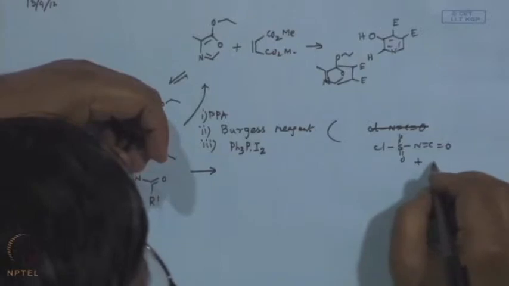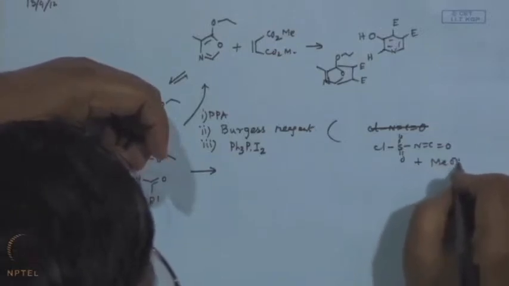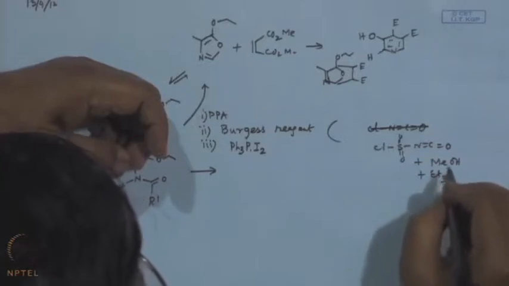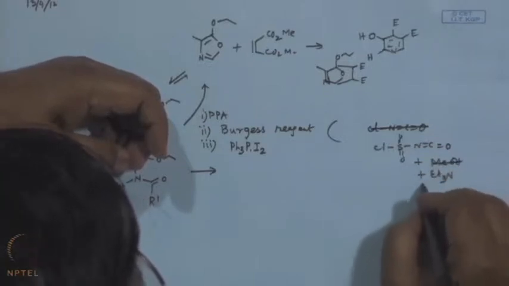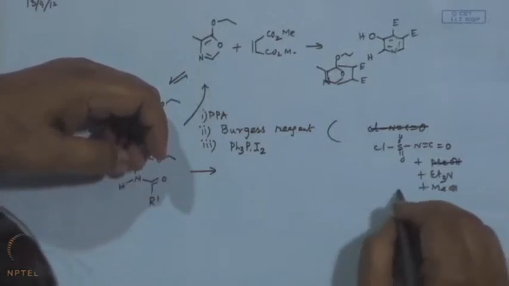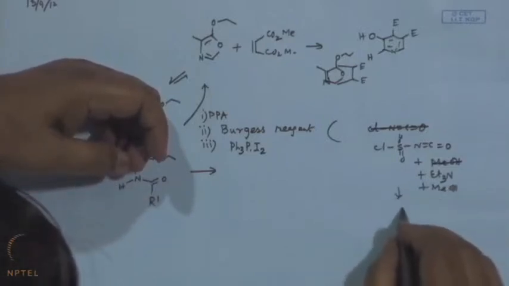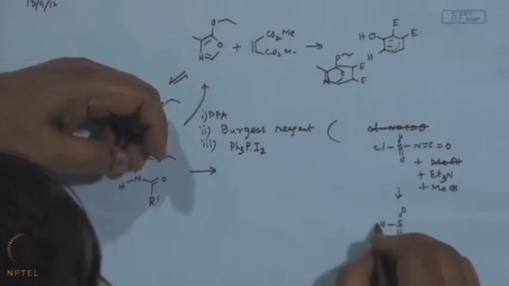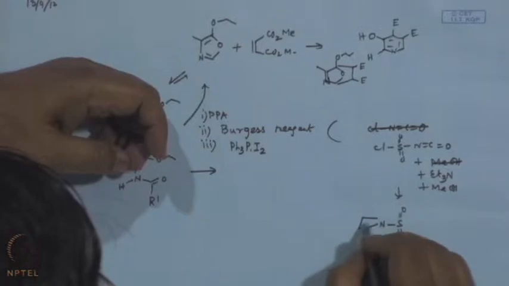If you add triethylamine first and then methanol, what you will see is that the sulfone part is intact and the chloride is removed.